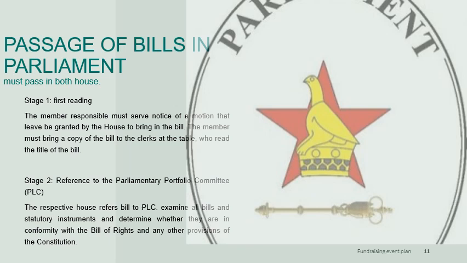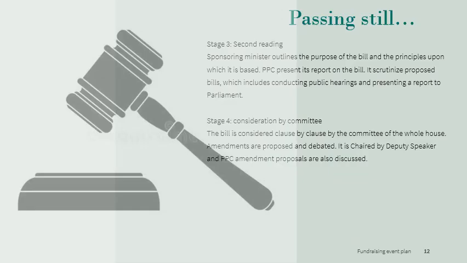And then later on, we go to the Parliamentary Legal Committee. The Parliamentary Legal Committee refers to the committee that examines the bill or statutory instruments and determines whether they are in conformity with the Bill of Rights and other provisions of the Constitution.